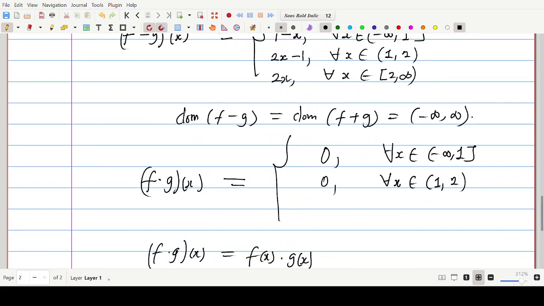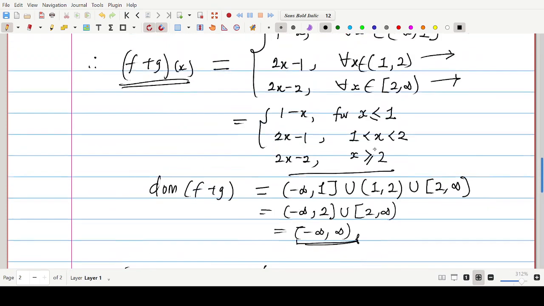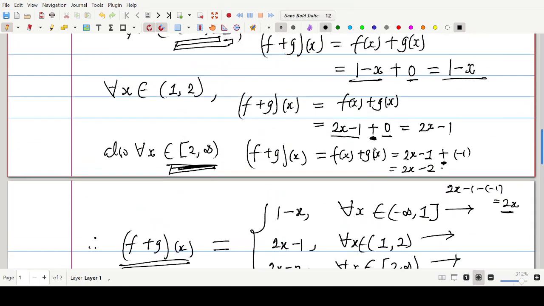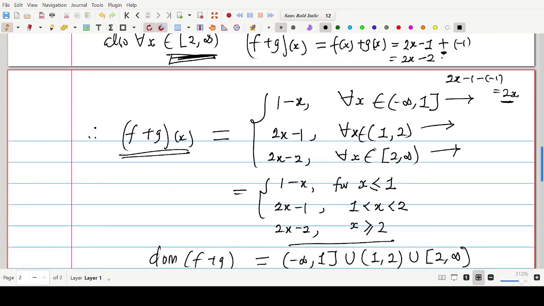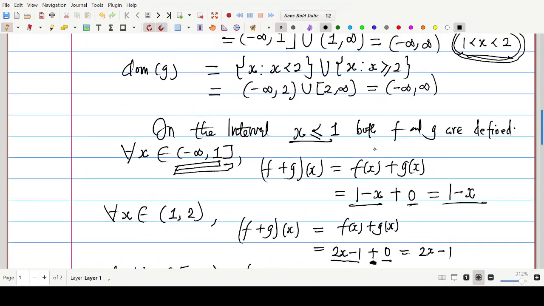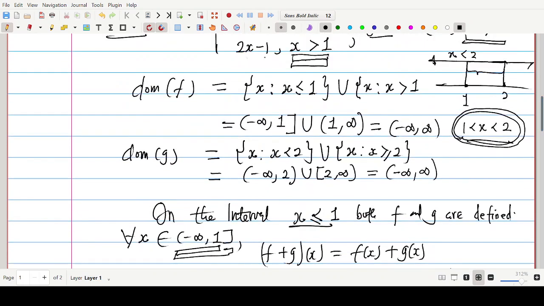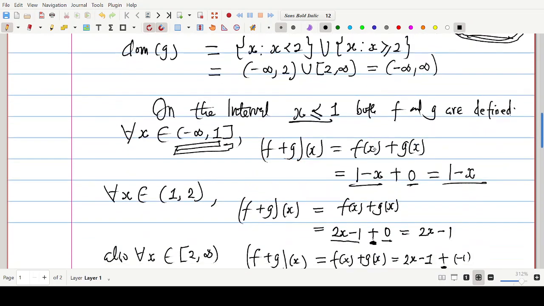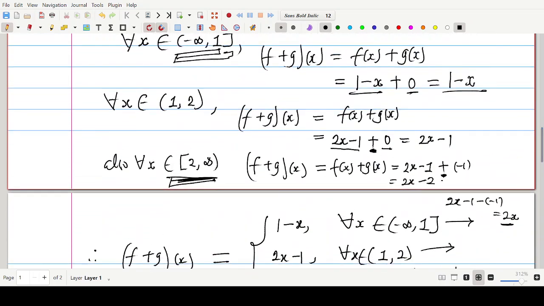Then lastly, the last interval, we're looking at all x that are coming from 2 to infinity. So what do we have for that particular interval? Here it is again. That is 2 to infinity. Okay, look at it here. Can you see that?